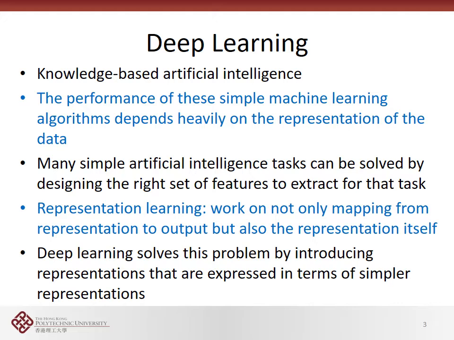In the neural network, we first learn some simpler representations, and based on them, we form relatively complicated representations to represent the relatively complex data. So in principle, remember that deep learning is a kind of representation learning technique.